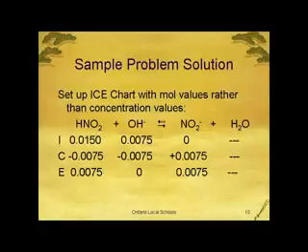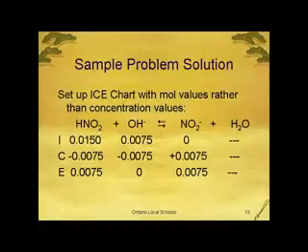The change, all of the hydroxide ion is going to be used up in converting the nitrous acid to the nitrite ion, and so the change in the HNO2 quantity will be minus 0.0075 moles. We're going to use all of the hydroxide ion up. It is the limiting reactant, so it also changes by minus 0.0075 moles.